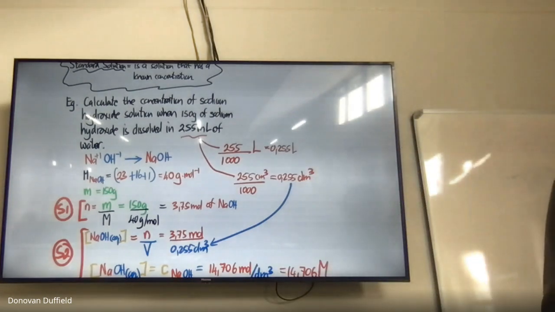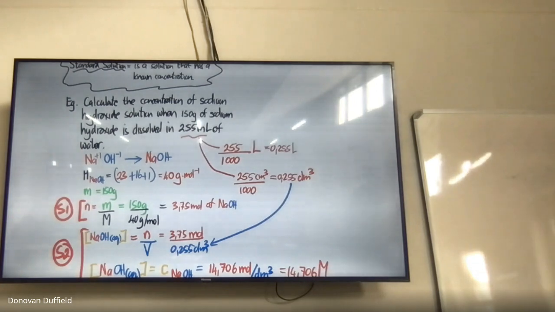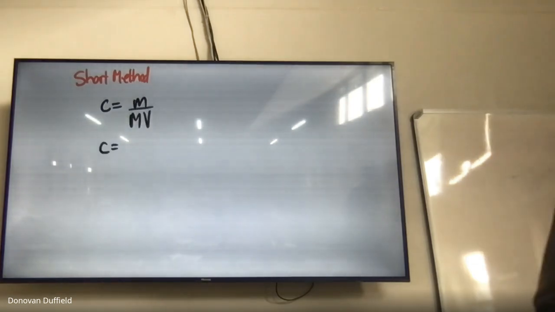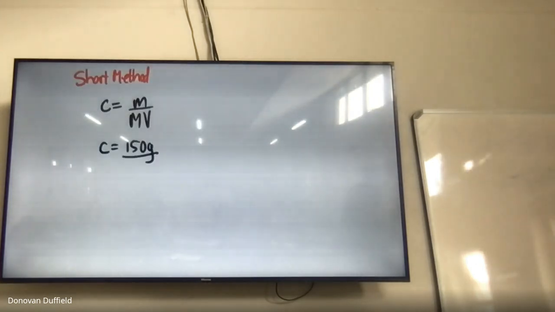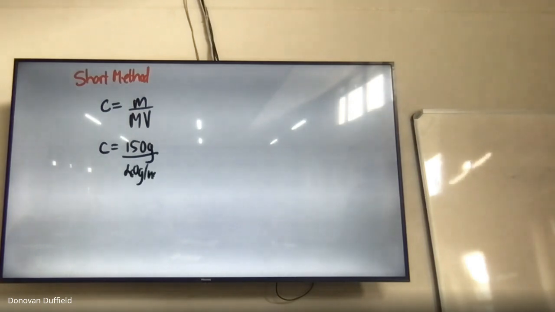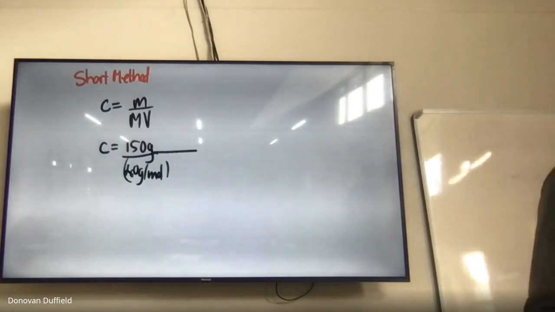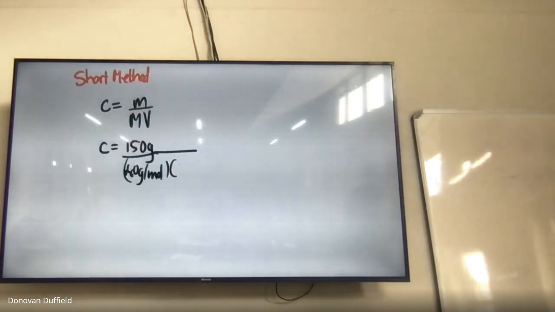We could have done it the following way. We can go the short method. We say, okay, concentration is m over MV. It was 150 grams, it is 40 grams per mole, and it was 0.255 cubic decimeters.